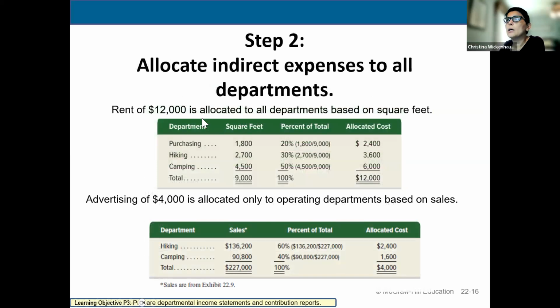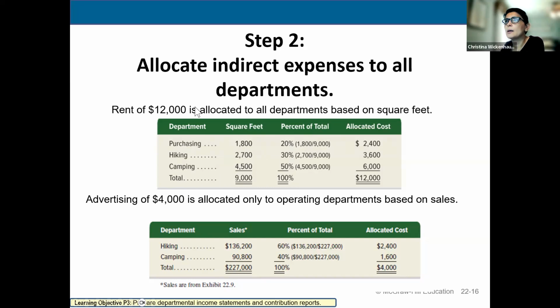So we come up with how to allocate the expenses, the indirect expenses. And again, we do what's called a proration, which is taking, like we did before, the individual item divided by the total. So here's our square feet, that's our total. So the individual item divided by the total tells us 20%, 30%, and 50%.